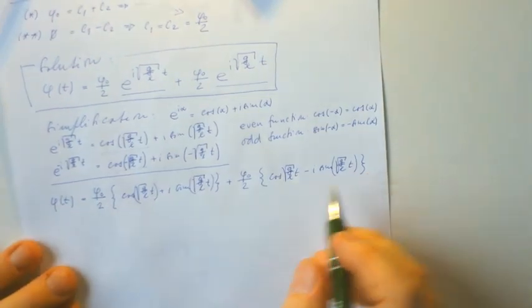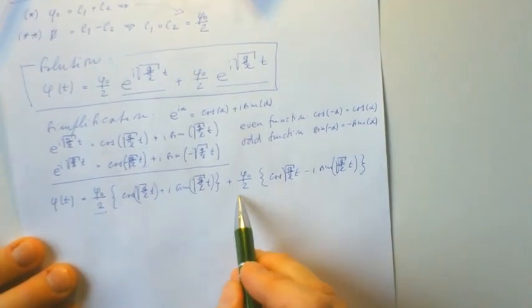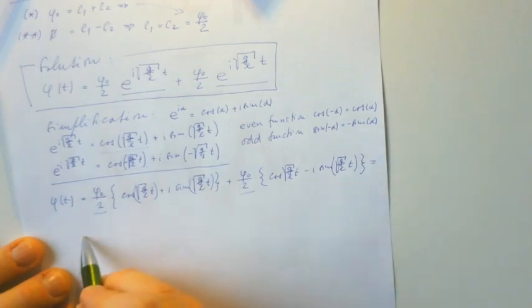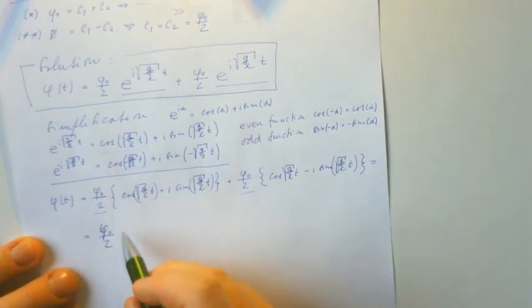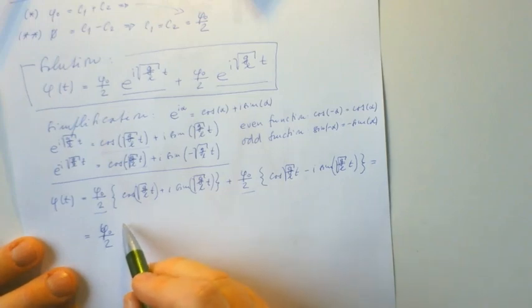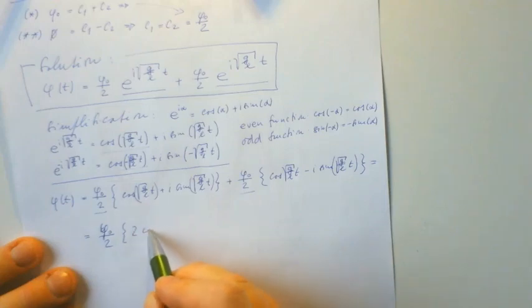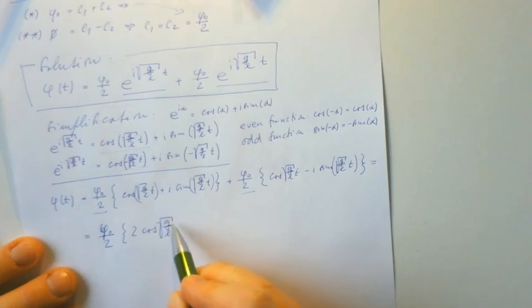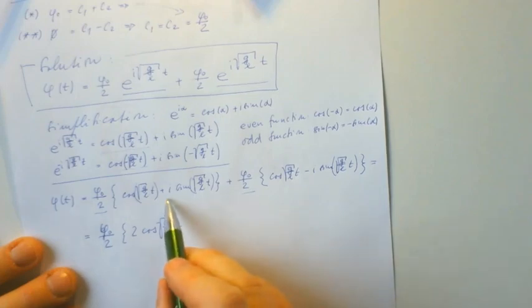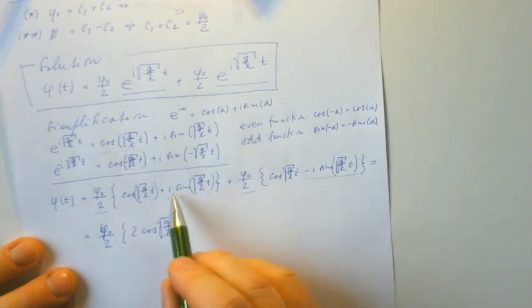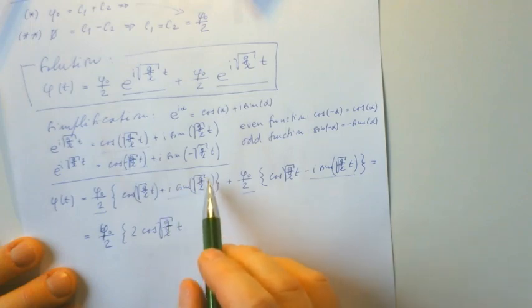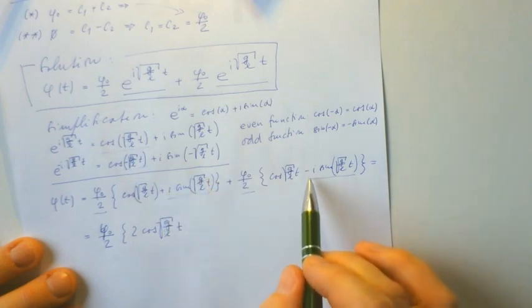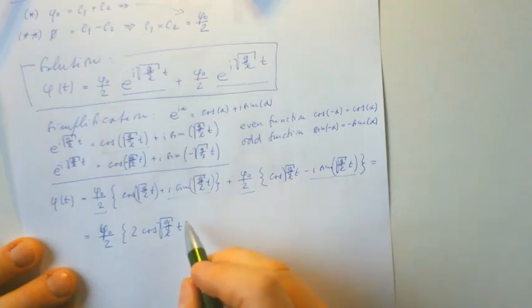And if we take phi 0 half out of the brackets, we get 2 cosines of g over L t, and the sine terms cancel, because one time it is plus and the second time it is minus.